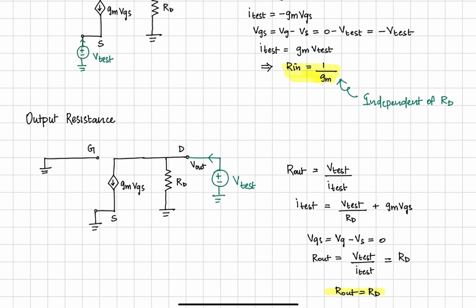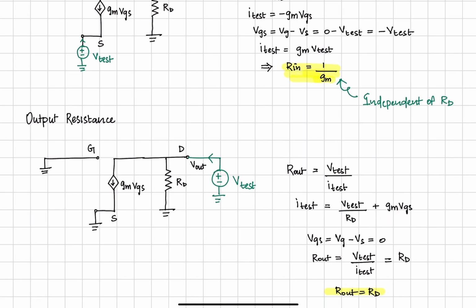So the incoming current into the node is equal to the outgoing current from the node. So the incoming current is the Itest, and the current going out into this branch and this branch are the outgoing currents. So Itest is equal to Vtest divided by RD plus gm into VGS.